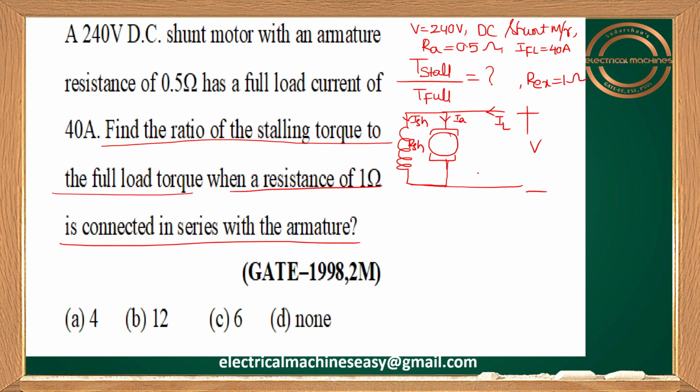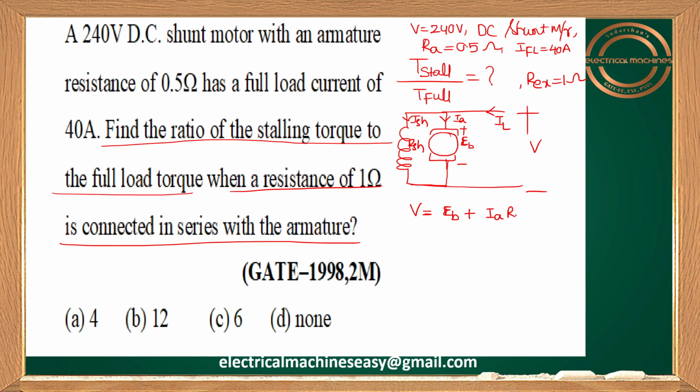So please tell me what KVL equation I can write for this loop. In a motor, because of generator action, some EMF will be induced. That EMF is called back EMF. So V equals EB plus IA RA is the formula.